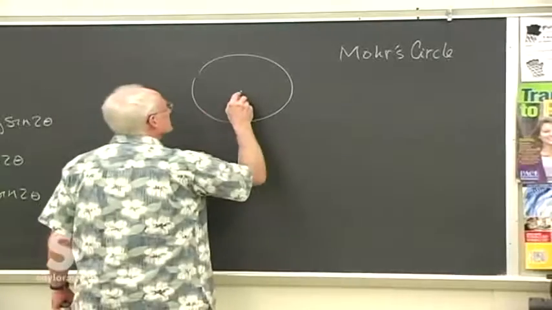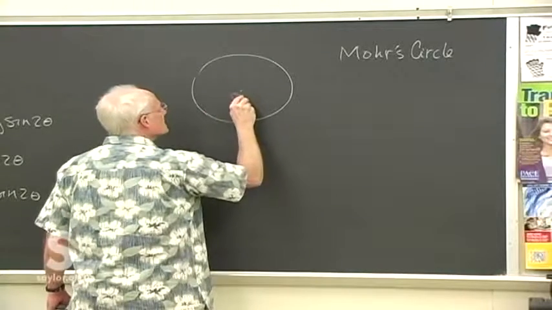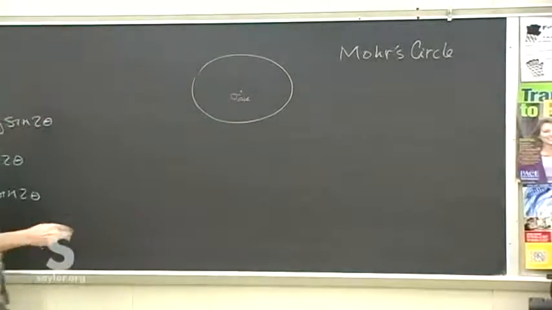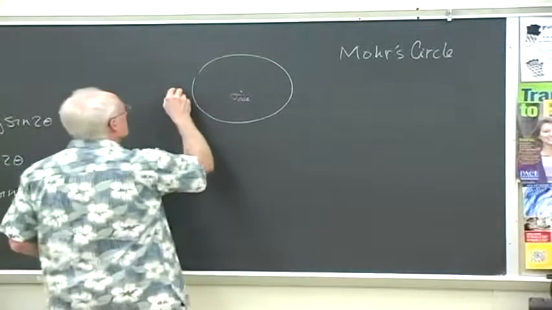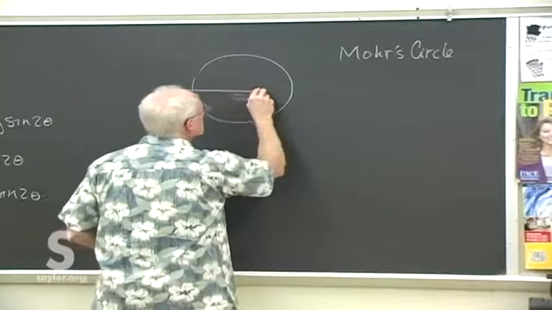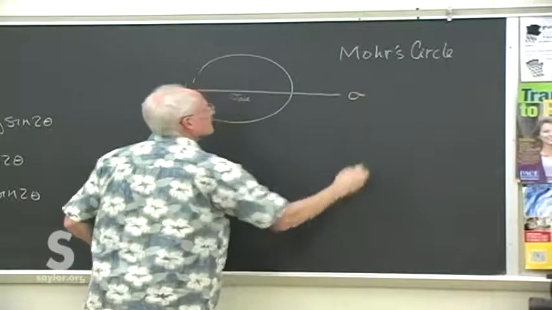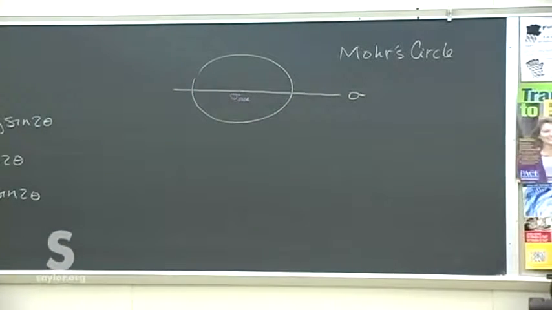What it gives us, well, let's see, it's a circle based on center sigma average, and we use the x-axis as the normal stress axis.